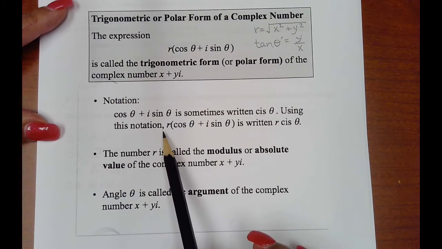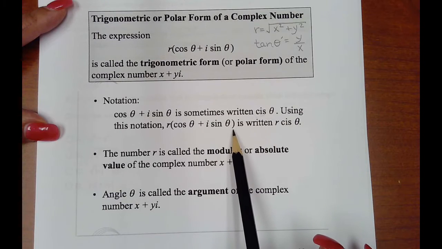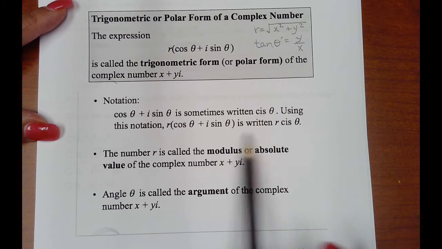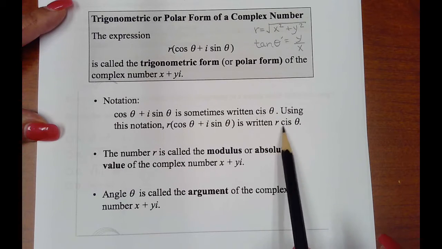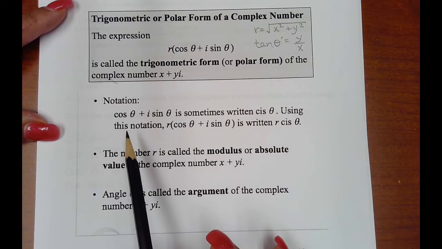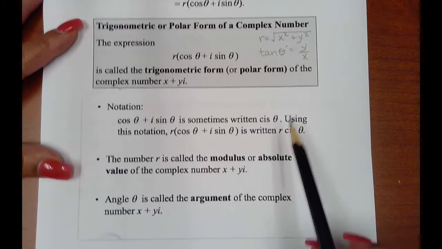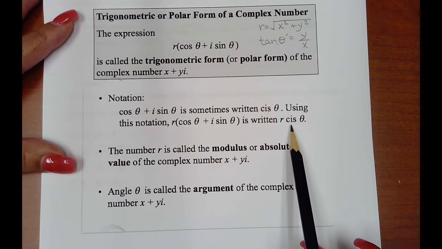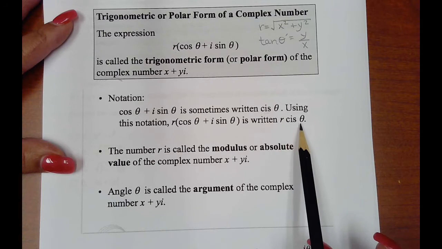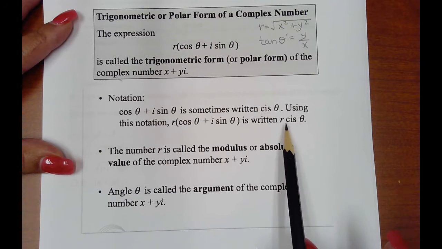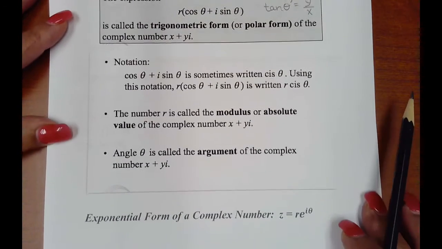And if you wanted to write the full polar form complex number in this shorthand form, you would mention the r, that would be out here as the coefficient, just like it's in the coefficient when it's in its full-blown form. And then you would just multiply it by cis, which is just a combination of these, just written as one term.